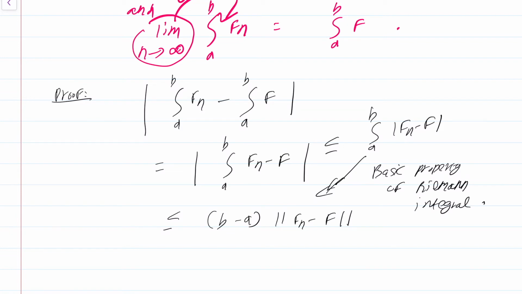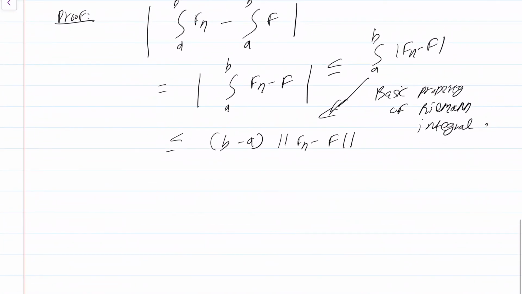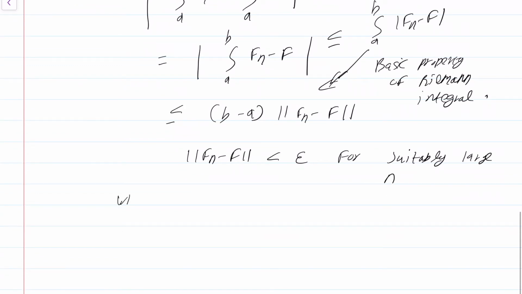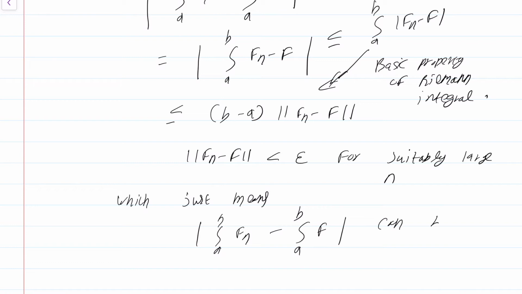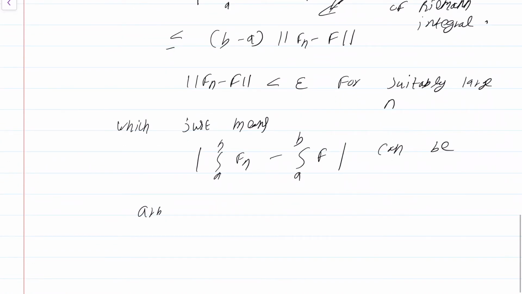Okay, how does this help? Well, the norm of fn minus f can be made less than epsilon for suitably large n. Which just means the modulus of the integral of fn minus the integral of f can be made arbitrarily small for large n.